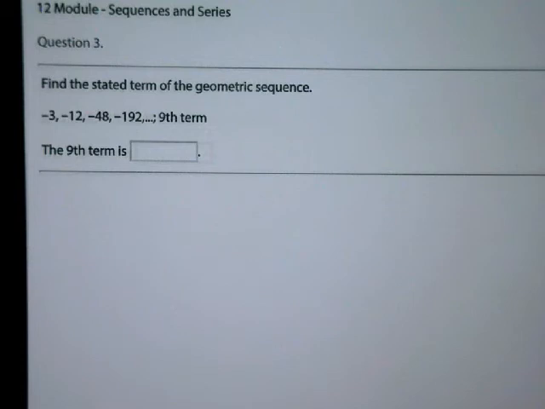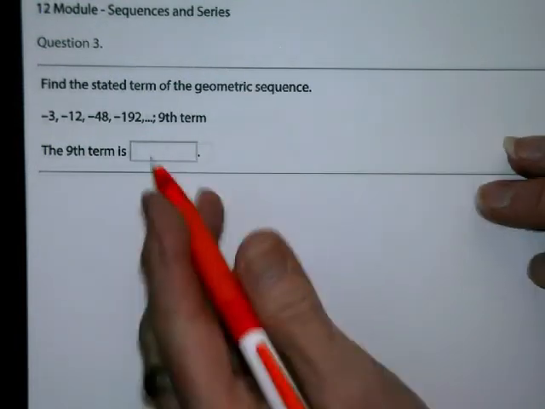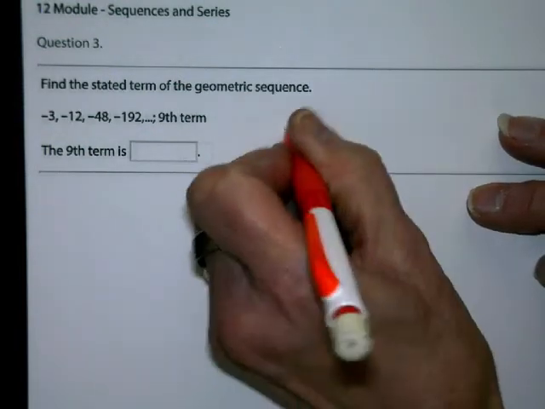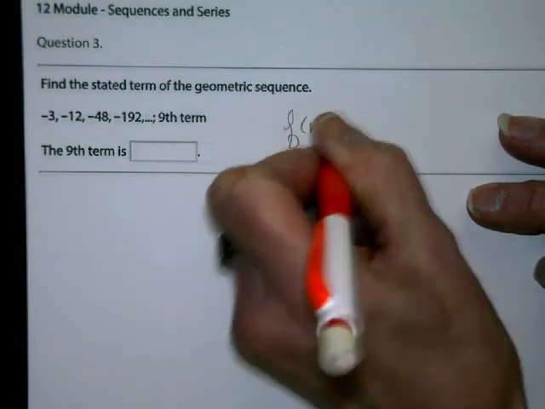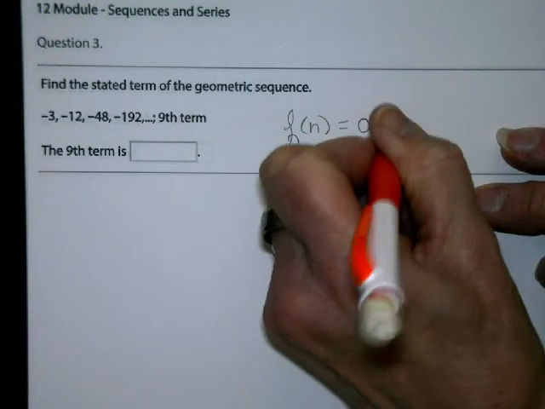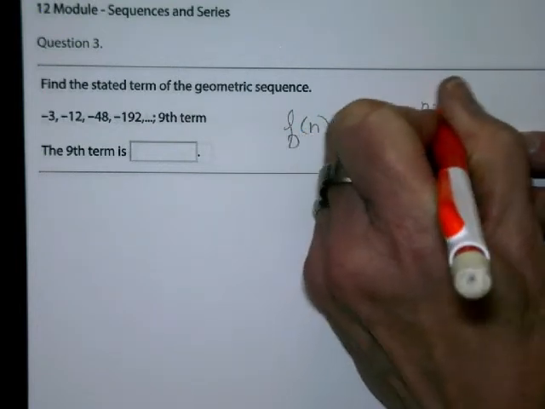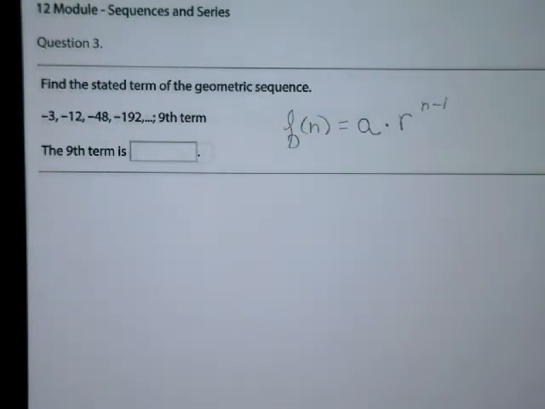Okay, now we get to use our formula to find the stated term of the geometric sequence. So we're going to use the explicit rule. F of n is a times r to the n minus 1.